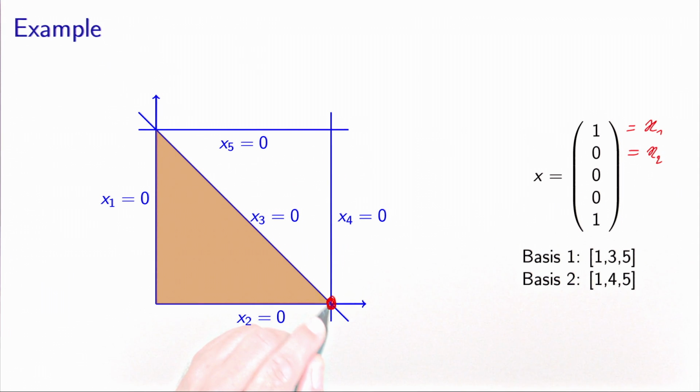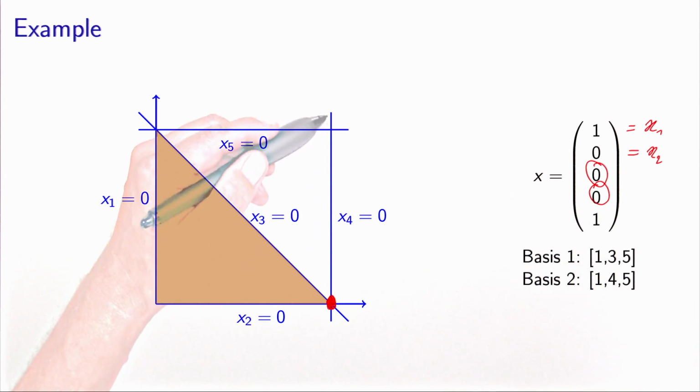This is this solution. And actually we can see that x2 equals 0, so the constraint is active. But we can see also that x3 is equal to 0, so this constraint here is active. And x4 is equal to 0. This constraint is active. So I have three active constraints at that vertex.